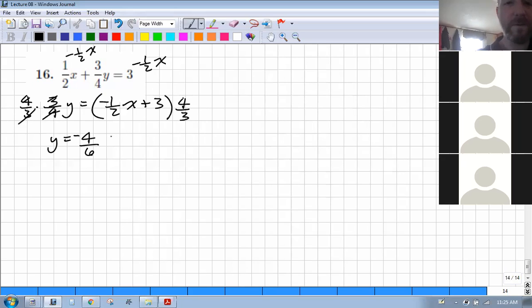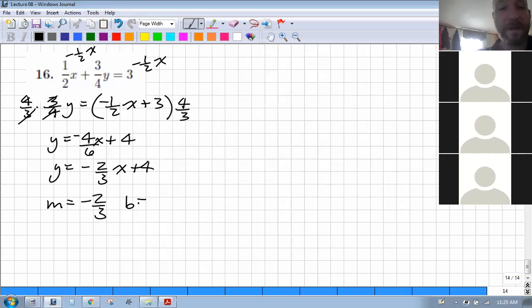And plus 4 times, well, those would cancel here. So 4 times 3 is 12, divided by 3 is 4. I lost my x here. So 4/6 is 2/3. So m here is -2/3 and b is +4.